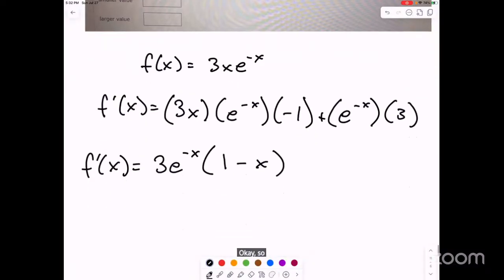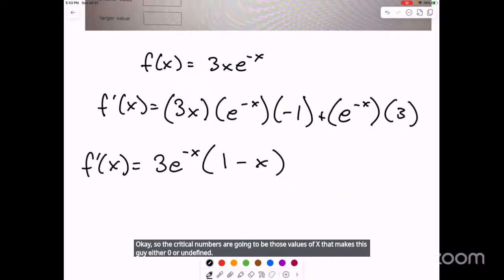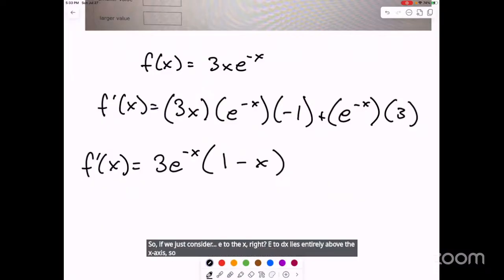The critical numbers are those values of x that make this either 0 or undefined. That first factor is 1 over e to the x. If we consider e to the x, it lies entirely above the x-axis, so we can't find an x that makes that y value 0.